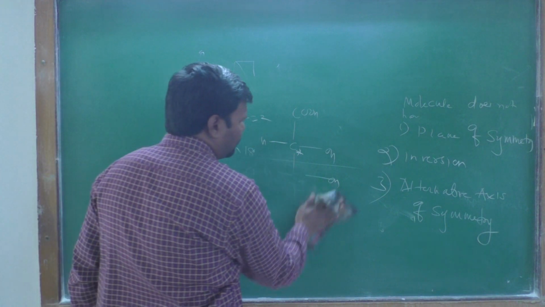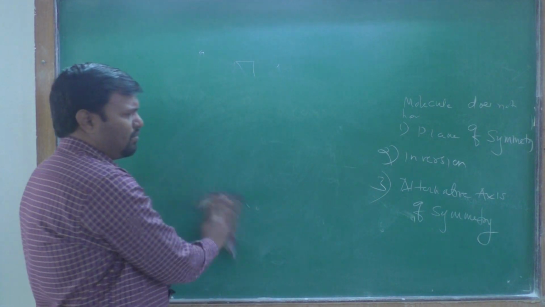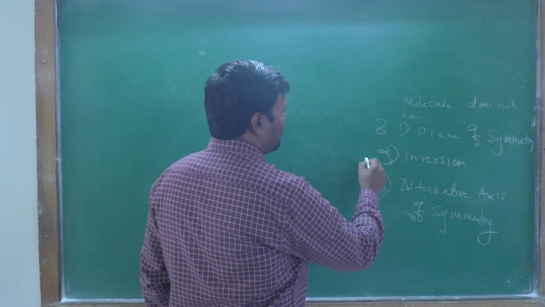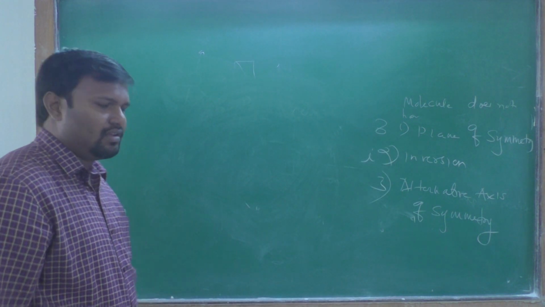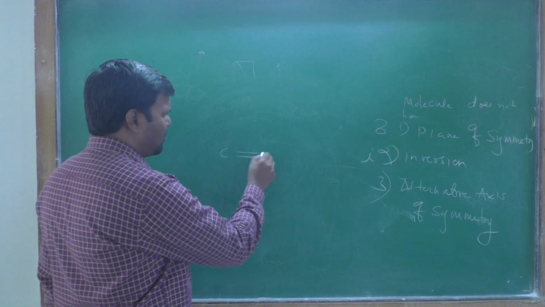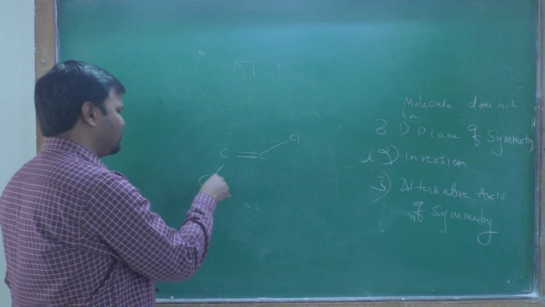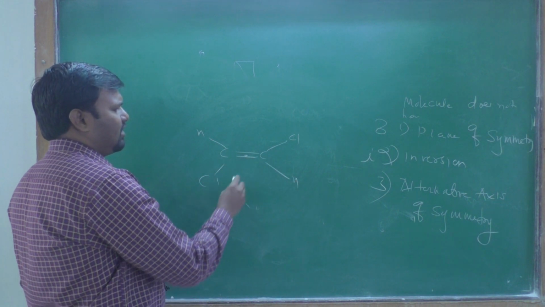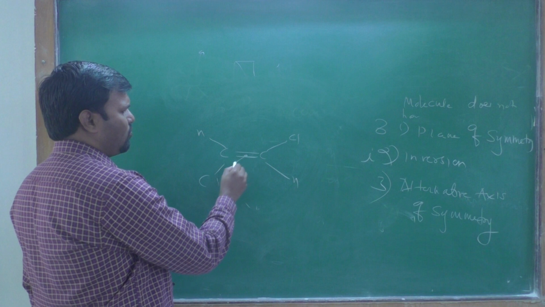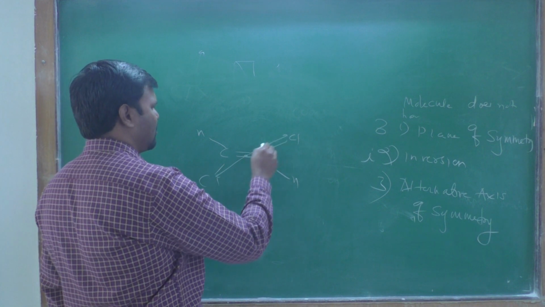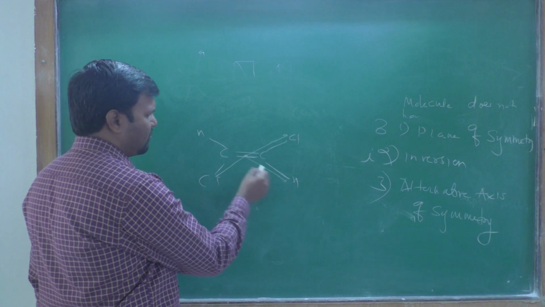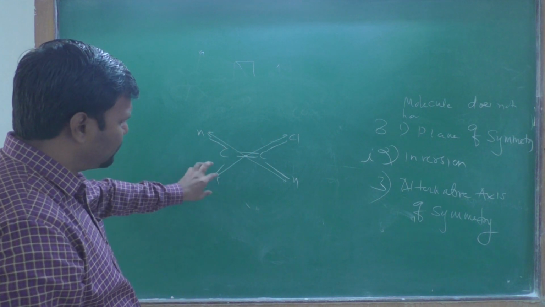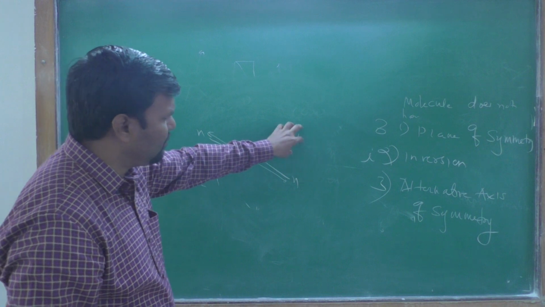Now this is about the plane of symmetry, which is denoted by sigma. Inversion is denoted by i. Suppose we have a molecule like trans dichloroethane. At the center, when you move an equal distance through the center in the opposite direction, you obtain the same atoms. So chlorine, the same atoms.